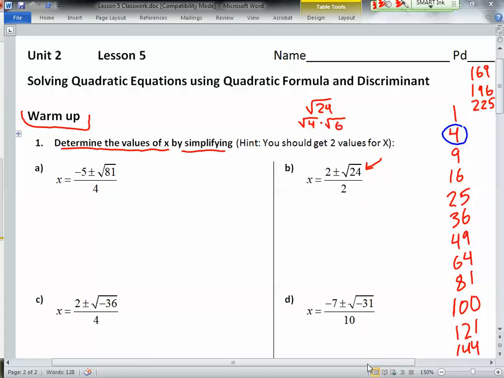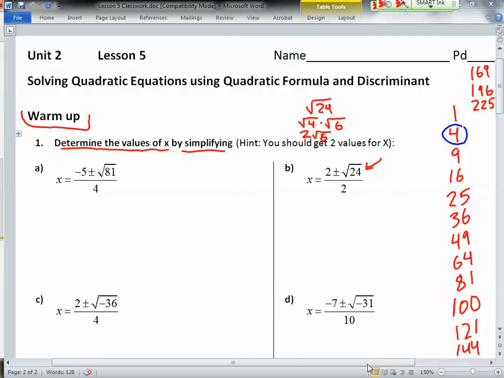Because 4 times 6 is 24. The square root of 4 I can actually do. The square root of 4 is 2. So I end up with 2 times the square root of 6. Does that make sense on how to simplify that? I factored out 4 because it was a perfect square and it's a factor of 24.